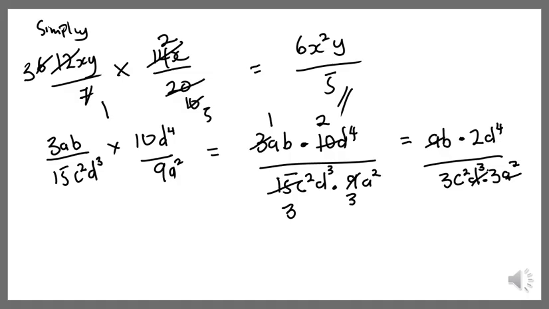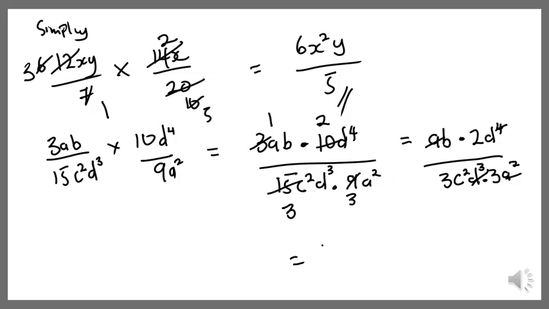So the d will cancel, and we are left with only d, because 4 minus 3 is 1. So now what do we have again?